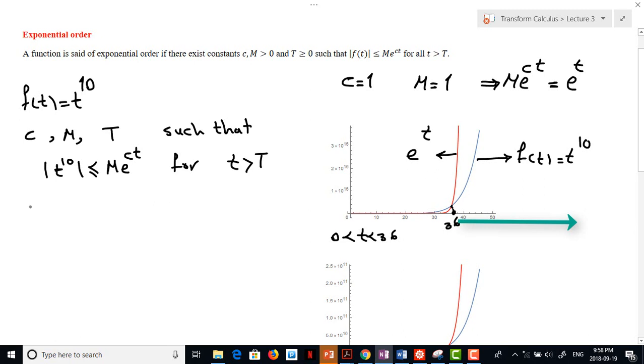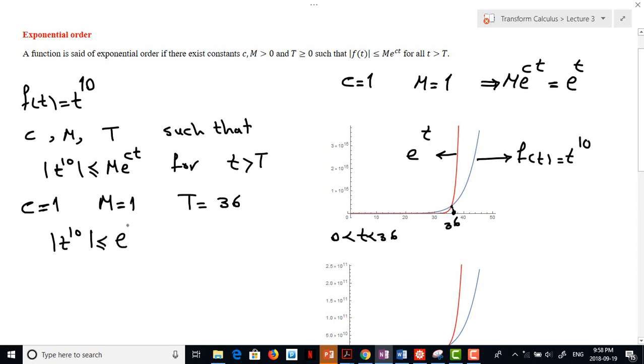As a result, we can say that if c is equal to 1, M is equal to 1, and capital T is equal to 36, then t to the power of 10 is less than or equal to e to the power of t for t greater than 36.